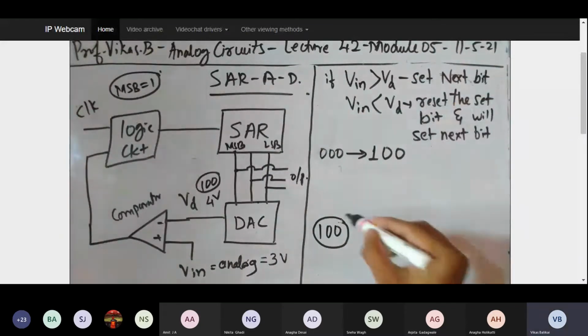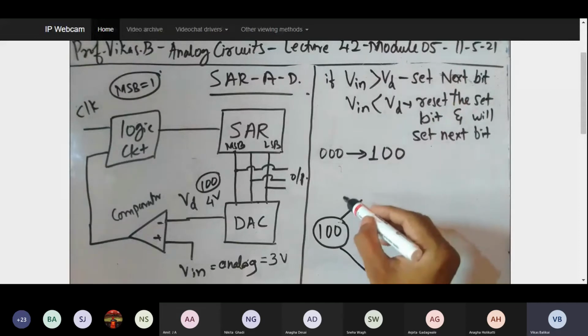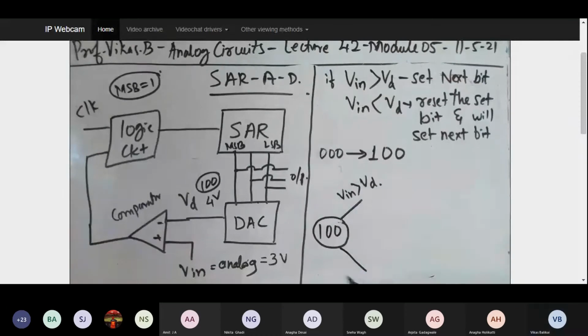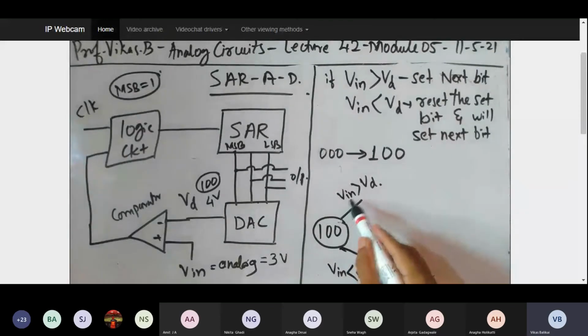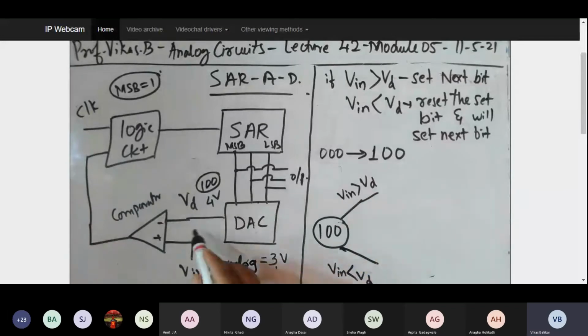So for any bit I am writing, I'll have two conditions: either input is greater than VD or input is less than VD. Now let's check it. What is the input? Input is 3 volt, and VD is 4 volt. Which condition is satisfied? The condition input is less than VD is satisfied.